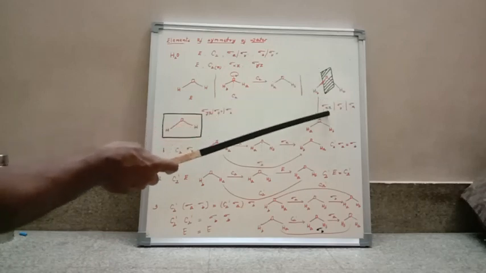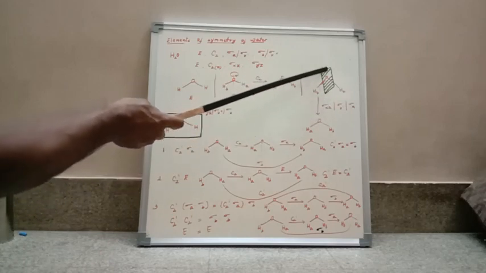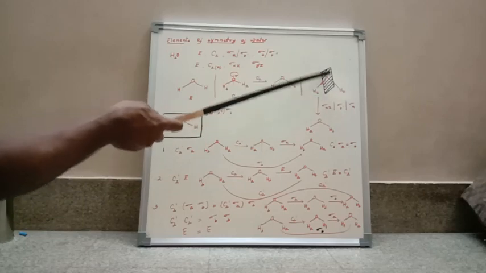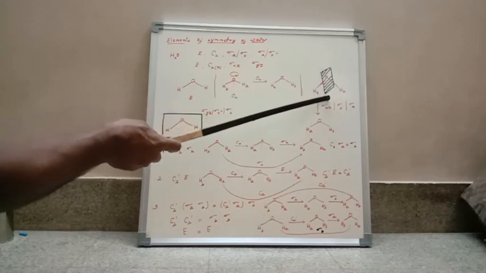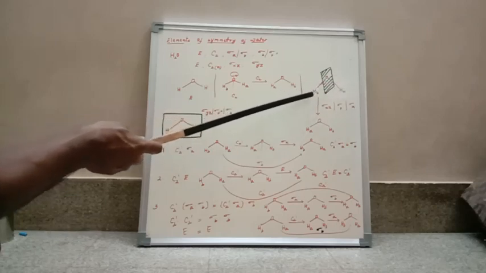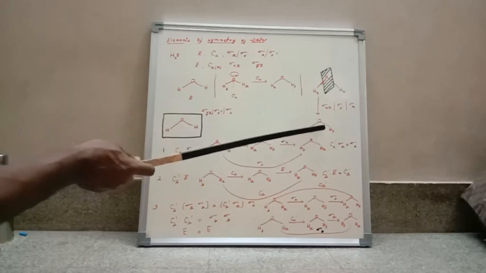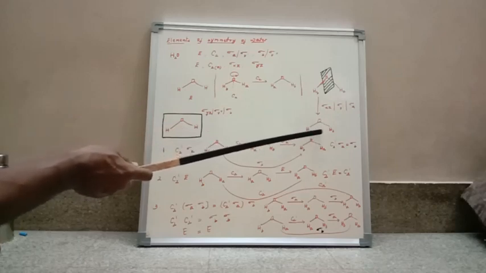That is the sigma xz plane. Sigma xz is passing through oxygen. When it passes through oxygen, if you perform your operation, A and B will get interchanged, and you will get this configuration. That is the orientation in space.